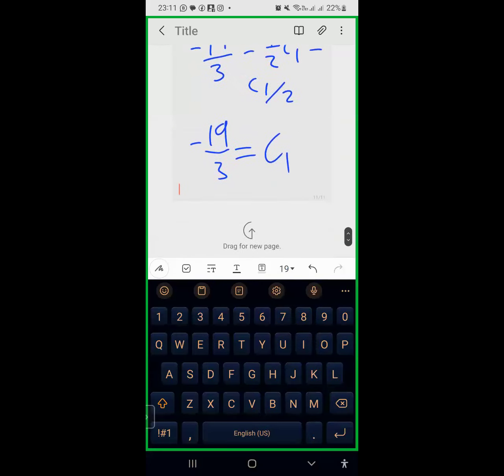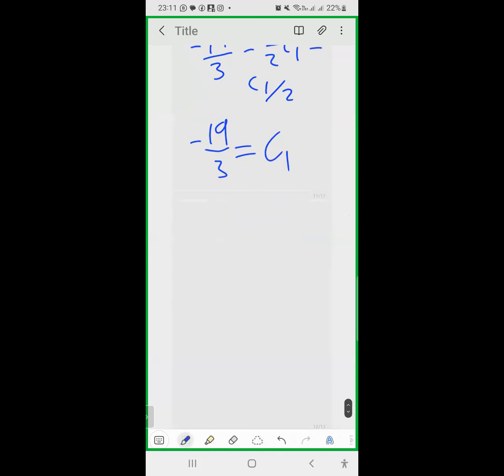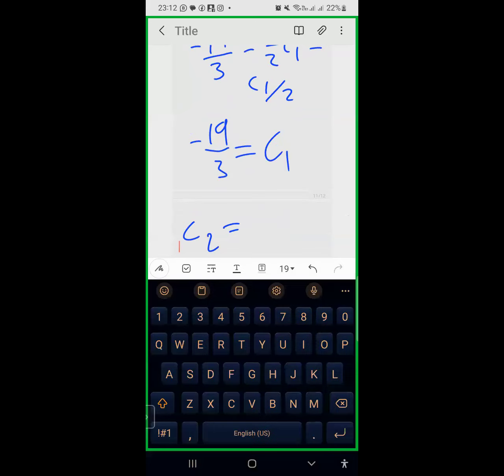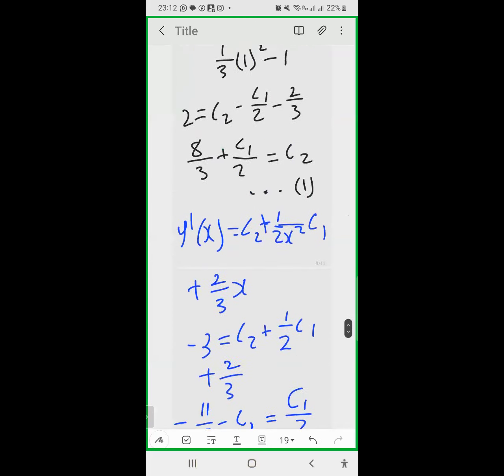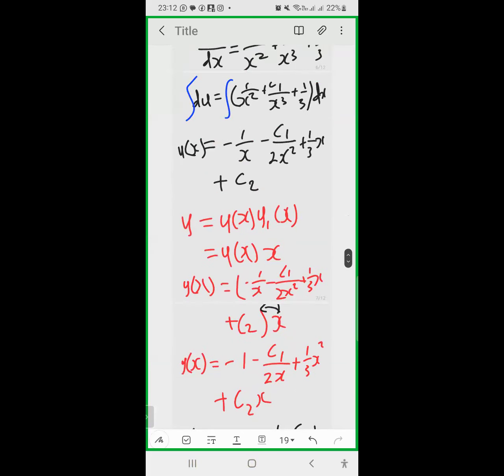Then the corresponding c2 is going to be equal to 8 over 3 minus 1 over 2 into c1. Yes, I believe that is the correct equation.